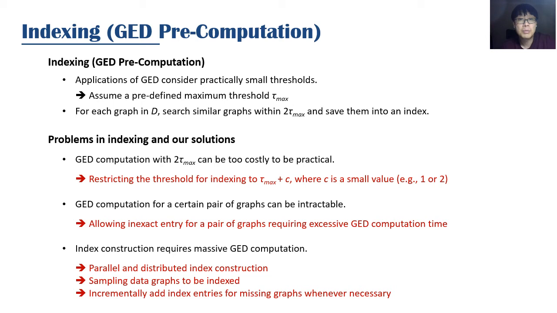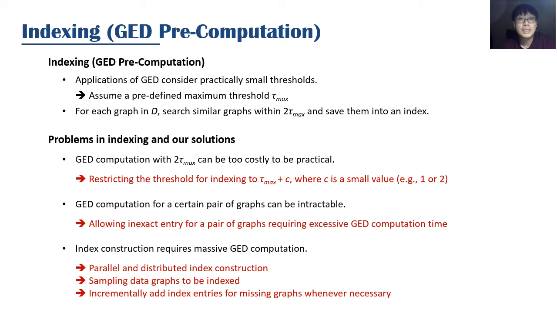The third problem is that we need similarity search results for all graphs in a database. Since similarity searches for different data graphs are independent, they can be naturally parallelized. So we implemented parallel and distributed index construction for the problem.